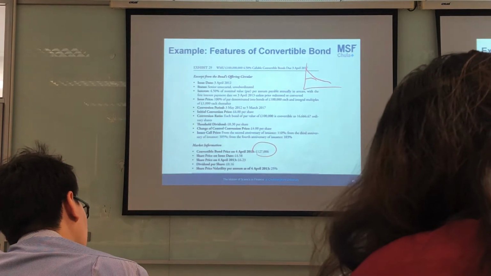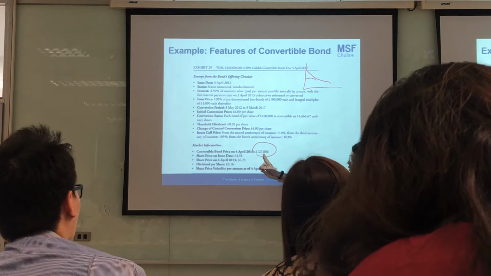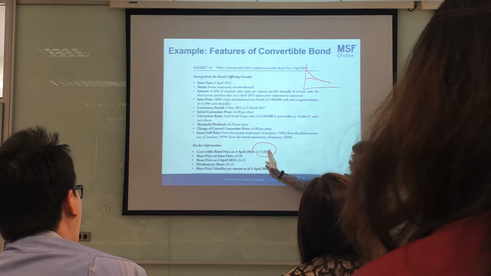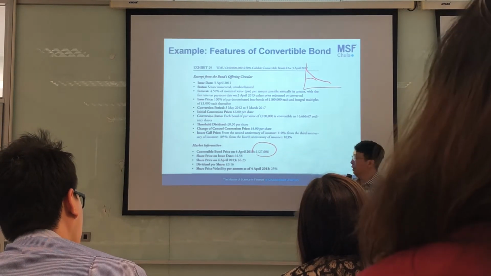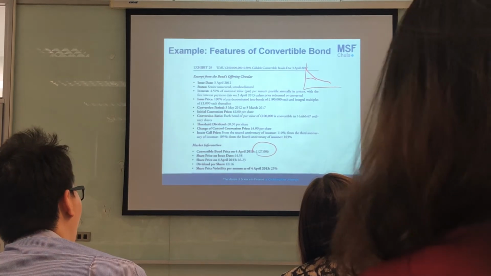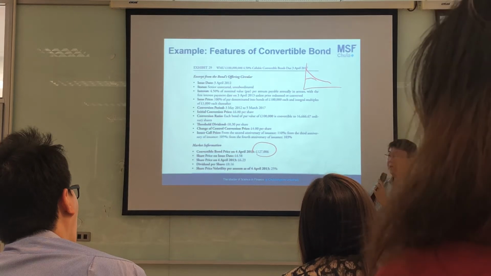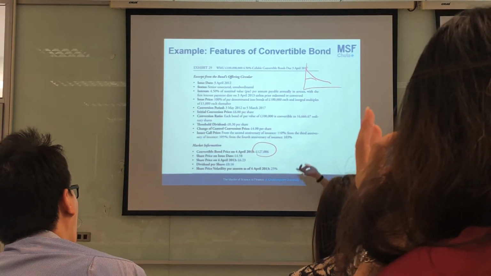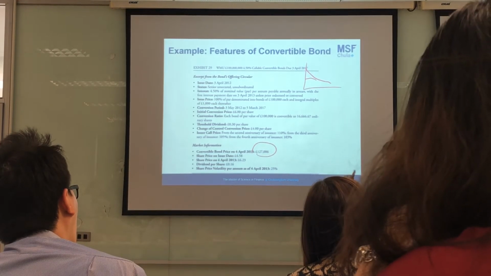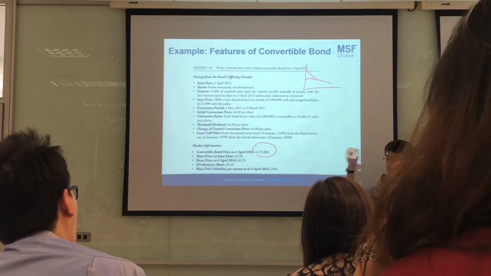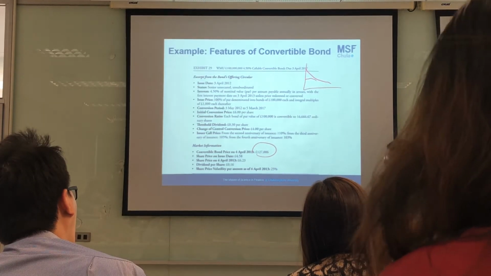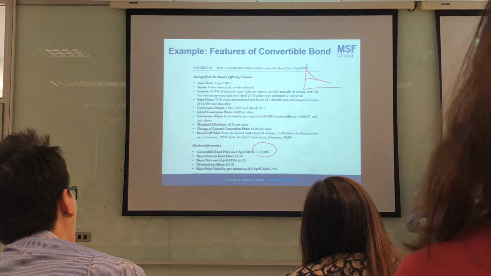Okay. We are not talking about whether this is a fair price or not because you haven't learned in detail how to price this kind of option. Actually, we can use the binomial one, or you can use the actual to estimate this. But we have to adjust a little.